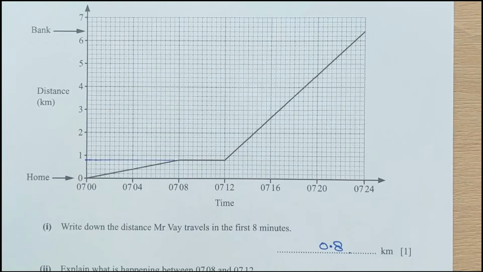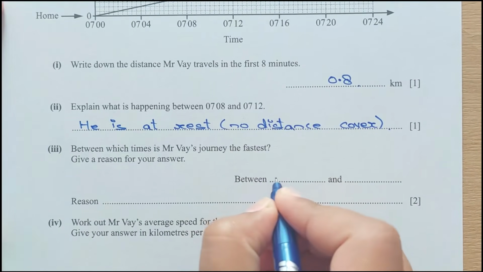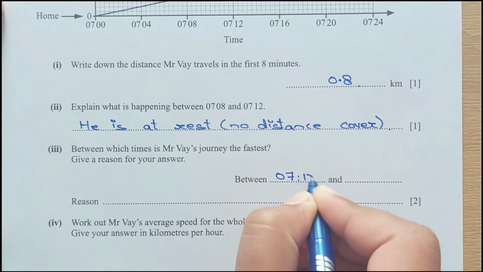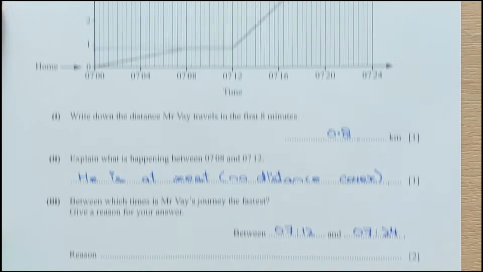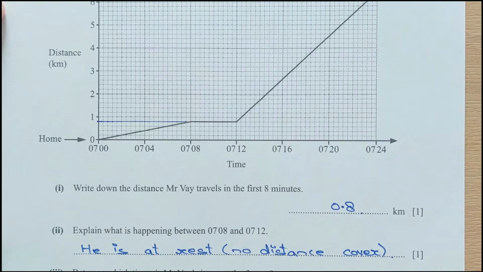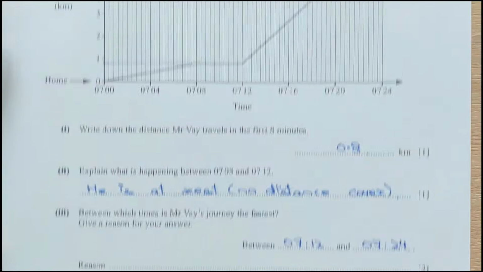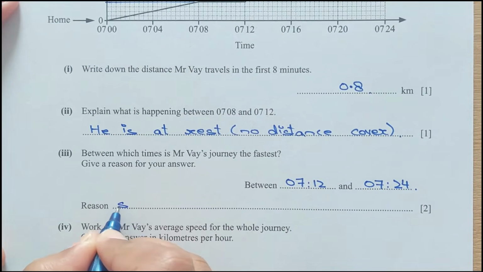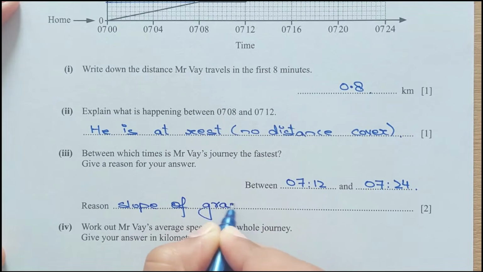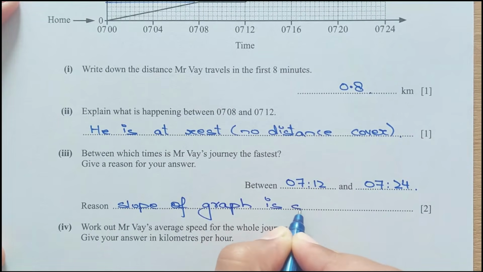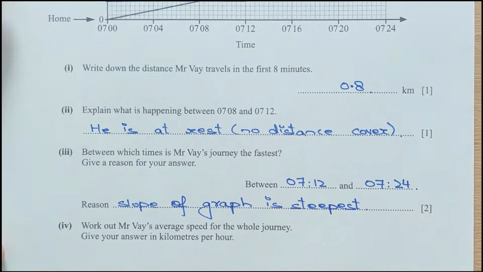Mr. Wei's journey is fastest between 7:12 to 7:24. And the reason is the slope of the graph is steepest in that range, right?